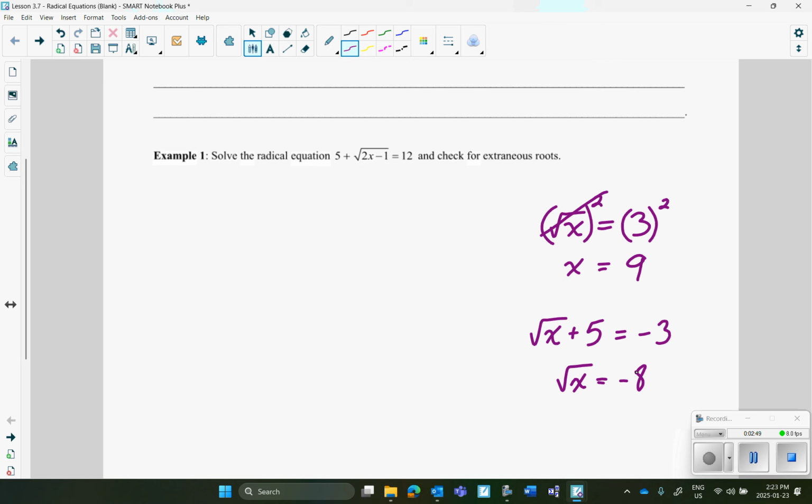Okay? And now what do we do? Square both sides. And we get x equals 64.